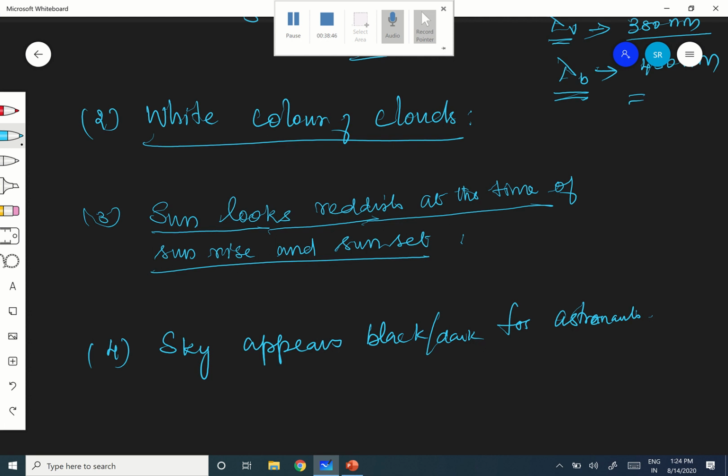Therefore, the light coming from the sun is not scattered in the atmosphere. No scattering of light takes place. That is the reason why the sky appears black for astronauts. Is it clear, children? So this is about scattering of light.